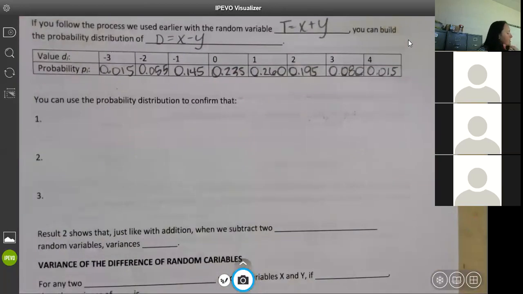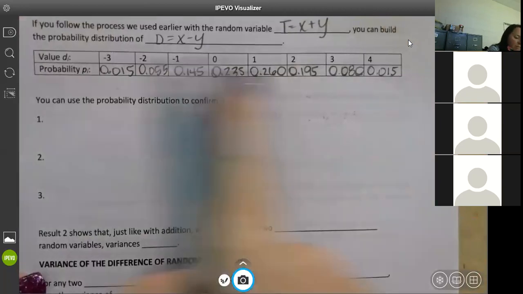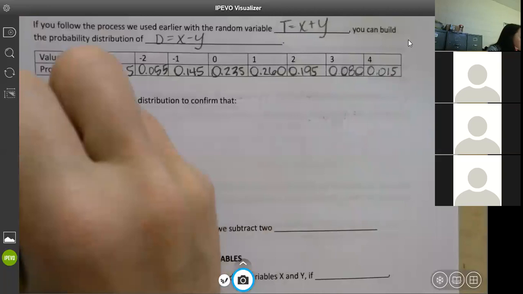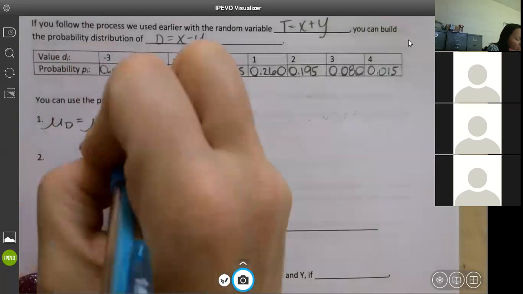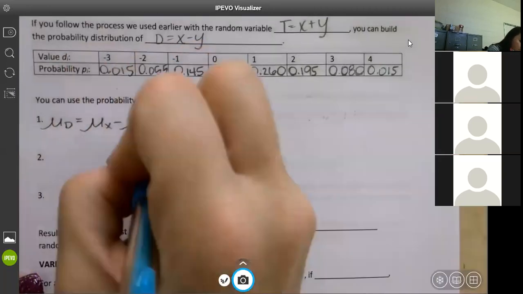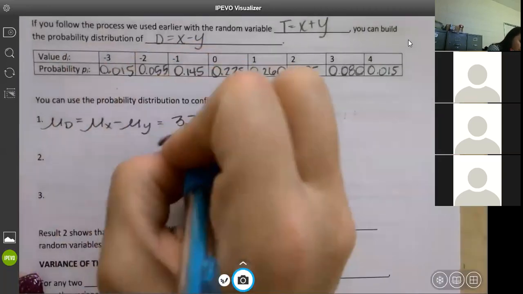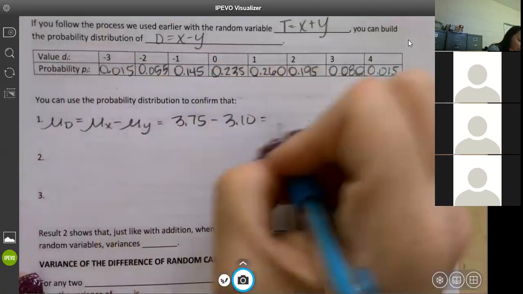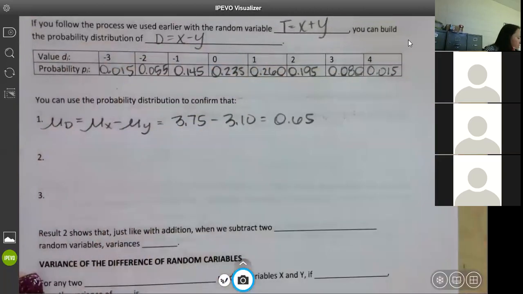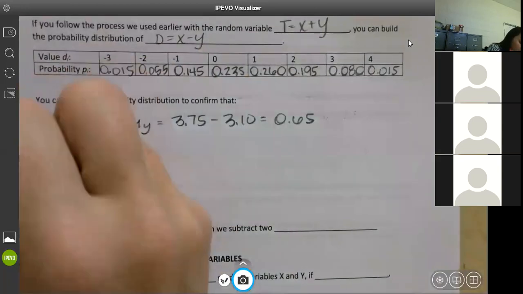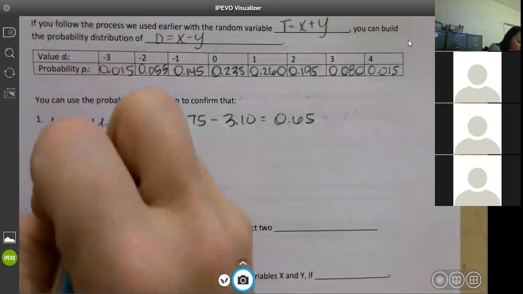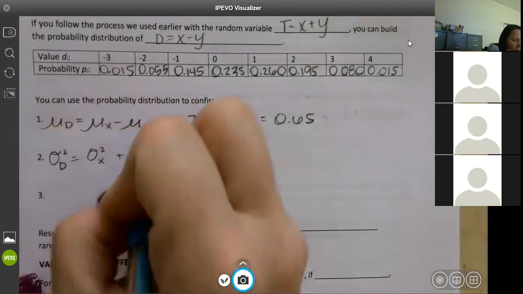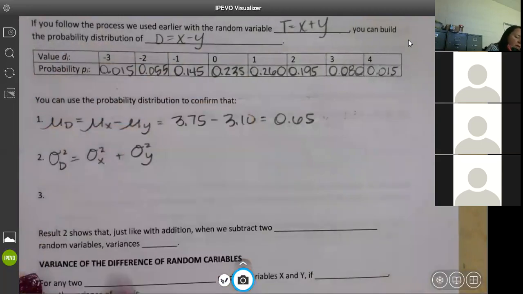All right, so you can use this probability distribution to show that the difference in the means is going to be the mean of X minus the mean of Y, which was 0.65. You can use it to show that the variance of D is equal to the variance of X plus the variance of Y. So this is the key one right here.